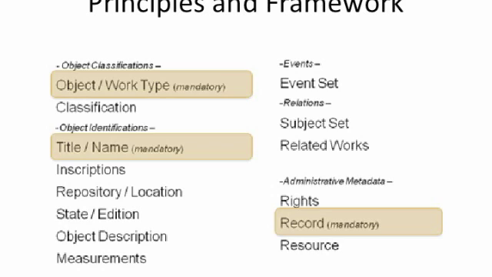this little framework shows us the different kinds of information that can be used in the schema, and 3 of these categories are mandatory: the object work type, the title and name, and the record.